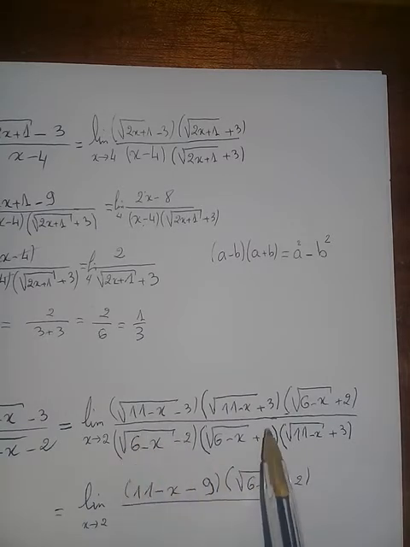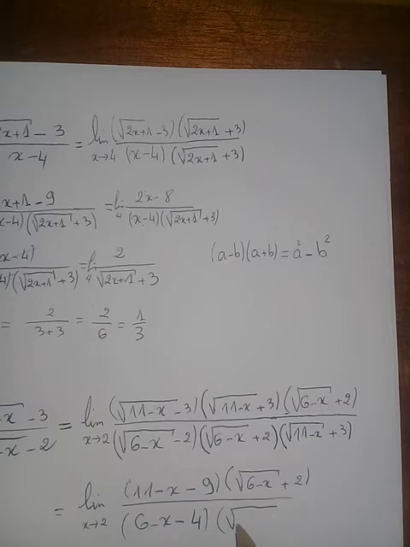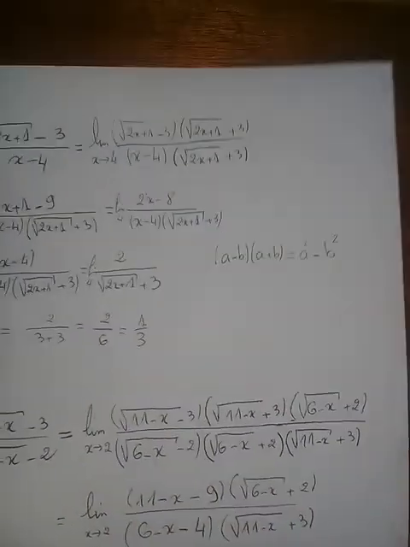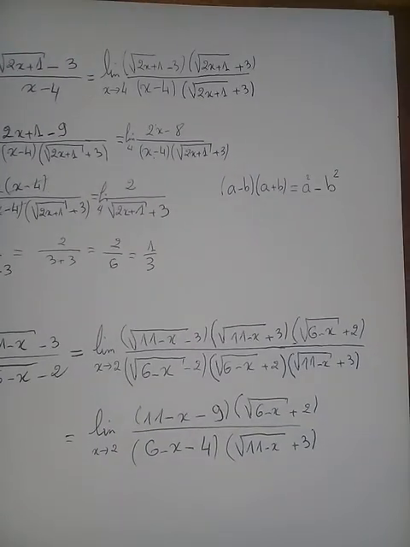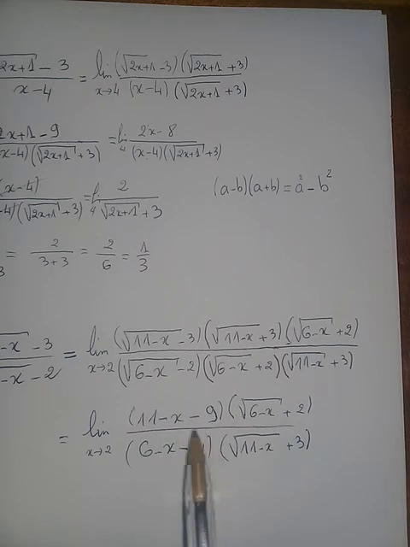And here the same rule, it's this squared minus this squared, it's 6 minus x minus 2 squared, which is 4, times this plus 3. We've got to simplify here. 11 minus 9 is 2. 6 minus 4 is 2.